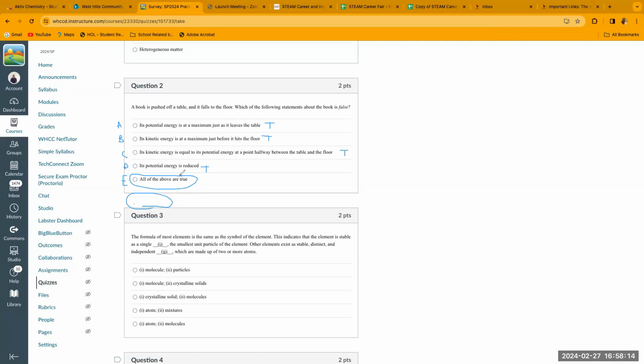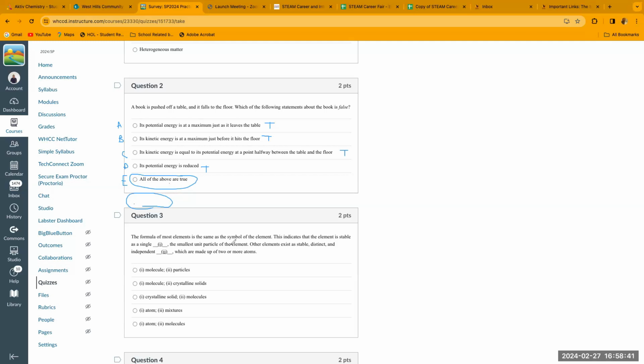Okay. So it was kind of a trick question in a sense, because you have to read what the question was asking us and what's happening in the question. The book is falling off the table, right? And as it falls, the lower it gets, it's going to be reducing its potential energy, and its kinetic energy is going to increase.